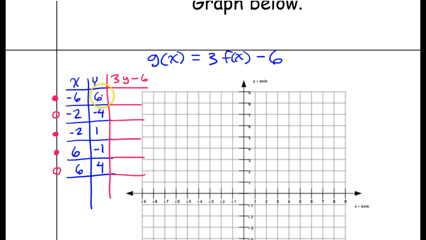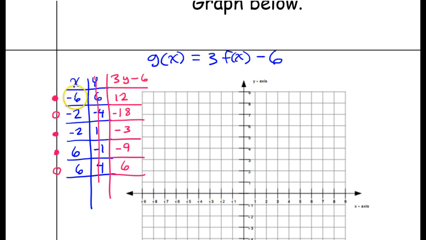So for example, if I substitute in the y value of 6, that's 3 times 6 is 18. 18 minus 6 is 12. So this will be 12. And I will do a similar calculation all the way down. So these are my new y values. So with that, I can throw out the old y values and plot these key points.